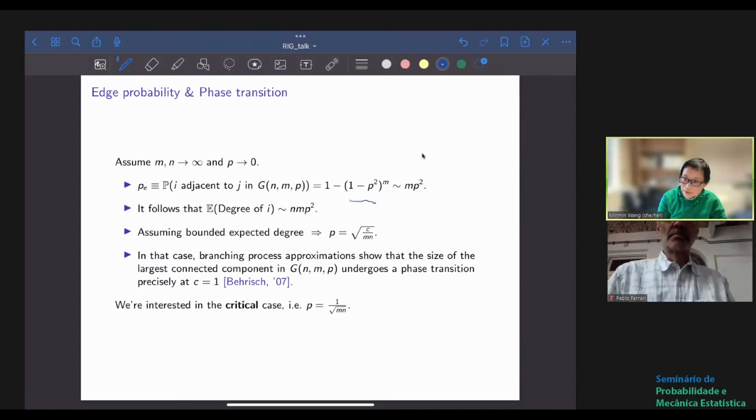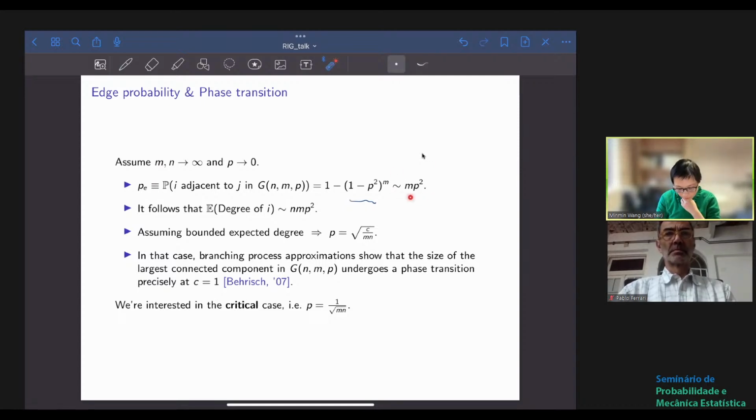In the asymptotic regime, this probability is roughly of the order m p squared. That is the probability of having an edge, and then you multiply by the number of vertices available. That gives you the expected degree of a vertex, which is n m p squared.